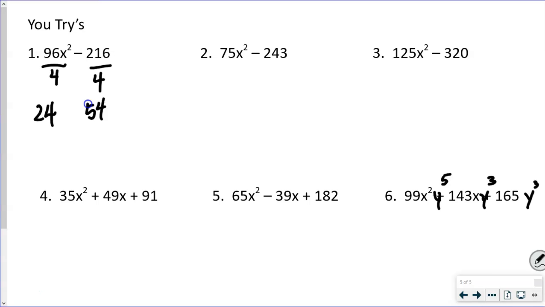Both of those are divisible by 3, if I'm not mistaken, y'all. So if I divide this by 3 and this by 3, I get 8 and 18. Which are still divisible by 2. So I'm just showing you guys how to work through this process. So this would be 4 and 9.